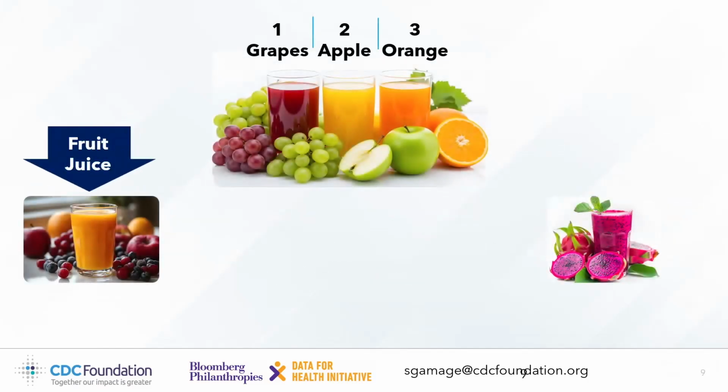Let's discuss an example. There are different types of juices: grape juice, apple juice, and orange juice. And we have assigned codes 1, 2, and 3.